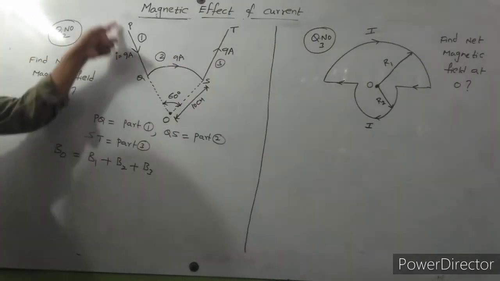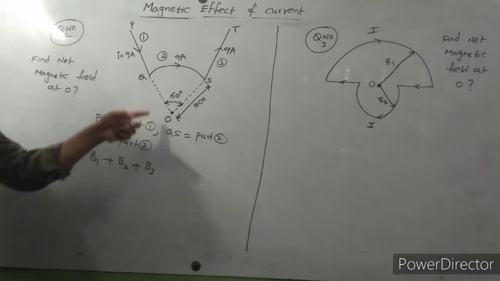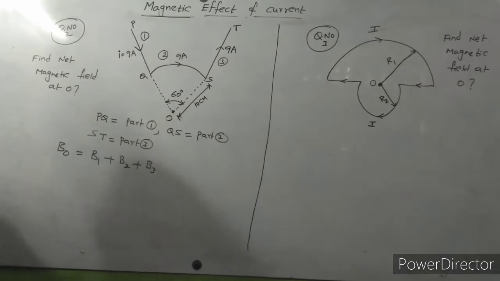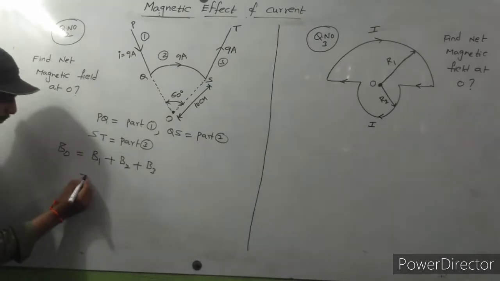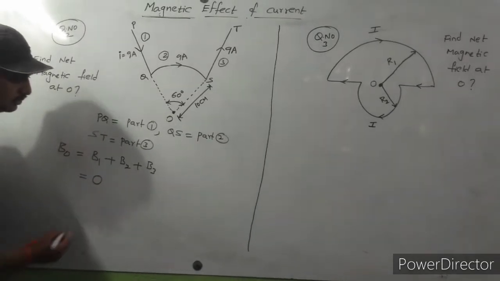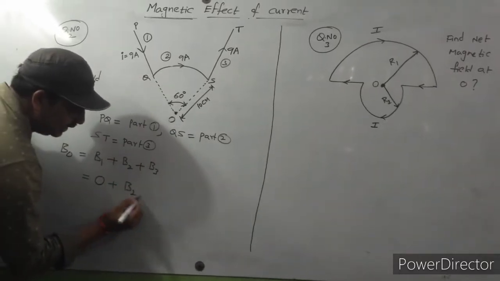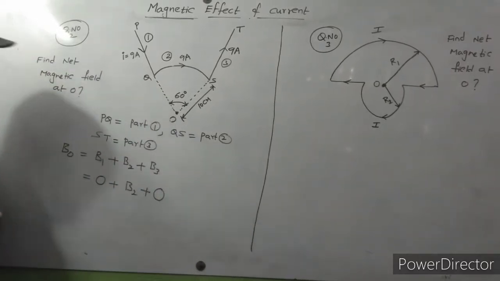What is the magnetic field due to part 1? Observe carefully: O is the point that lies on the axis of PQ. So B1 is equal to 0, B2 we need to find, and B3 is also 0.